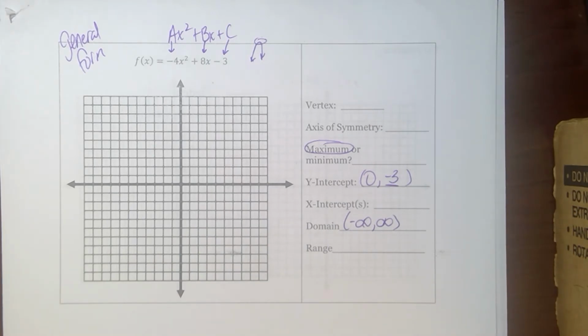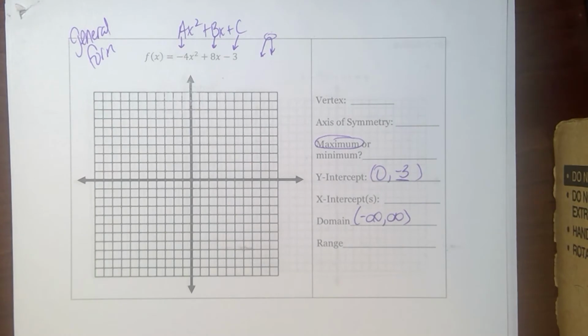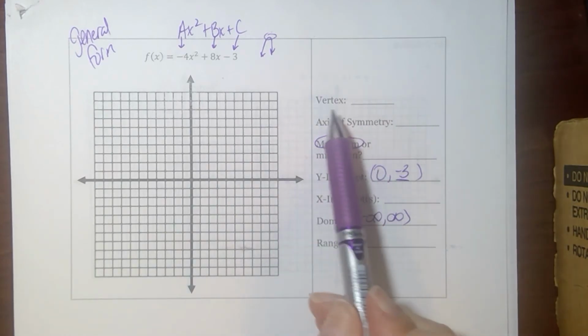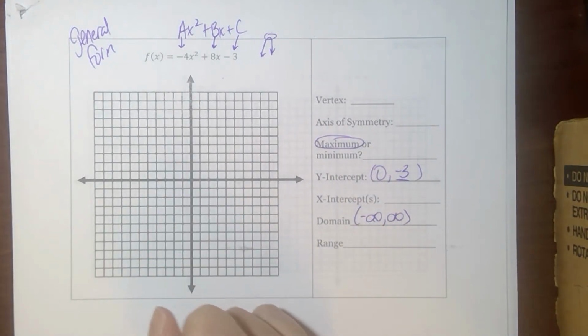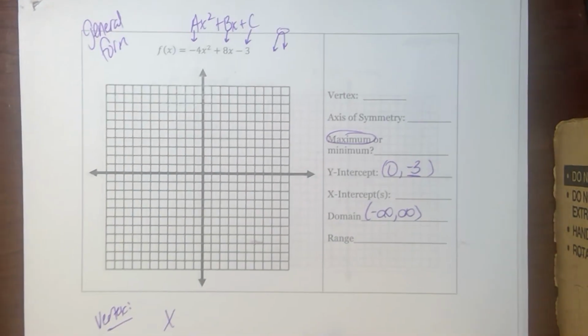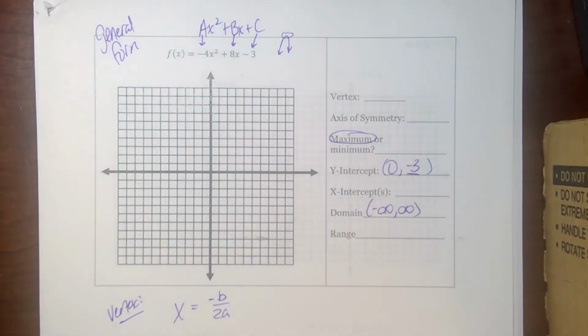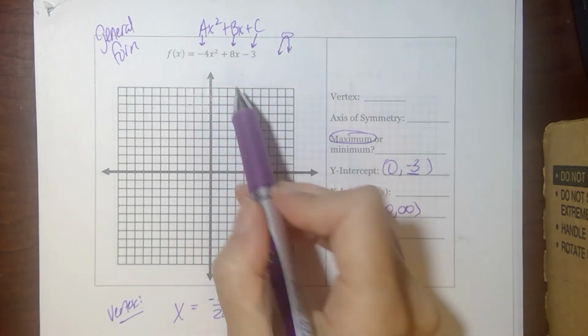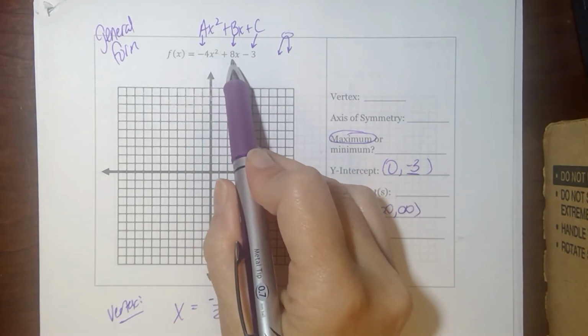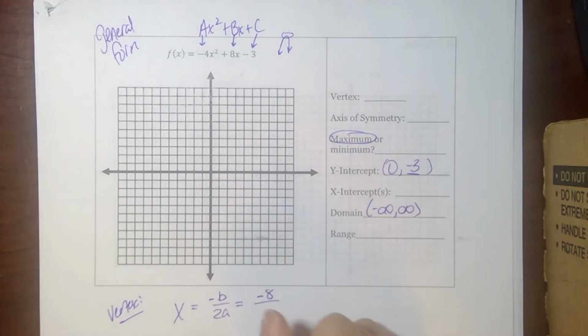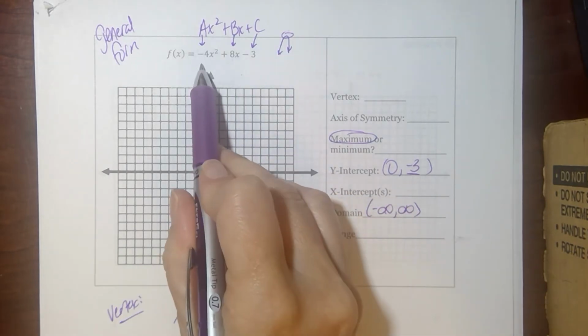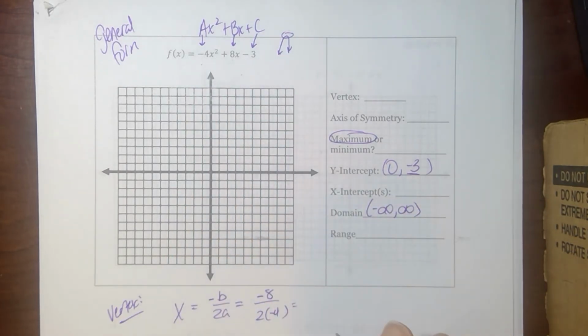The other things I have to do some work to figure out. I don't just know the rest. To figure out the vertex, I start by finding the x-coordinate using -b/2a, that piece of my quadratic formula. Well, -b is the opposite of b, so that's -8 over 2 times, and in this case, a is -4.